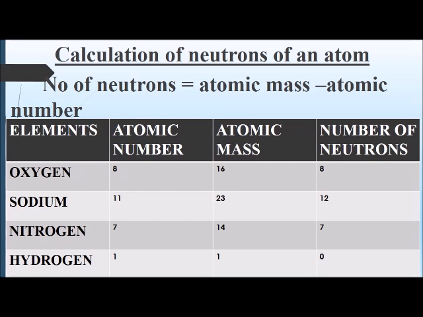So if we subtract 7 from 14, we'll get 7, which is the number of neutrons. In a hydrogen atom, atomic number is 1, meaning it has 1 proton, and its atomic mass is 1. As atomic mass is the sum of protons and neutrons, if we subtract 1 from 1, the answer is 0, which means it has no neutrons.